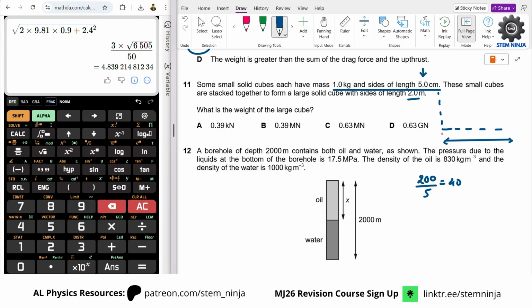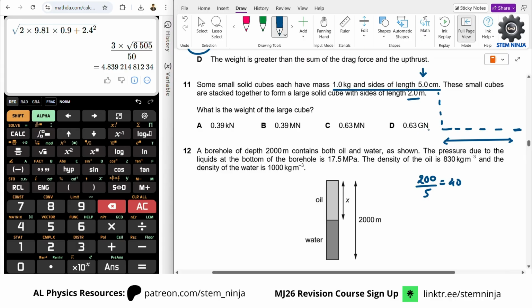So if this layer is the first, one layer goes 1, 2, 3, 4, 5 up till 40, and this is counted as the first row. The next row will start again from 2, 3, and so on up till 40. So you have to be very careful with that.